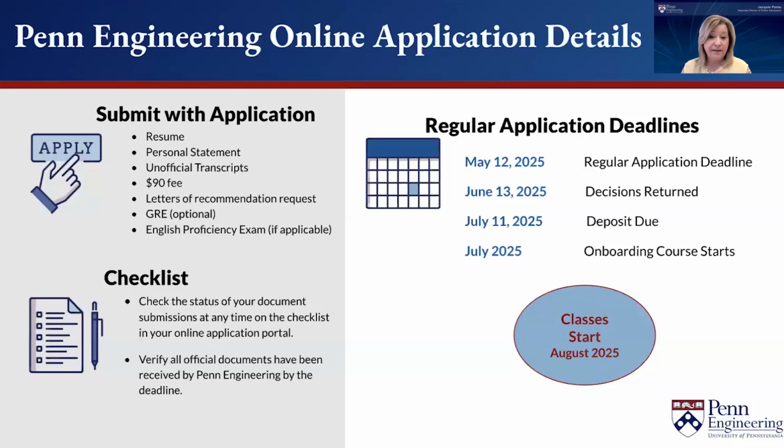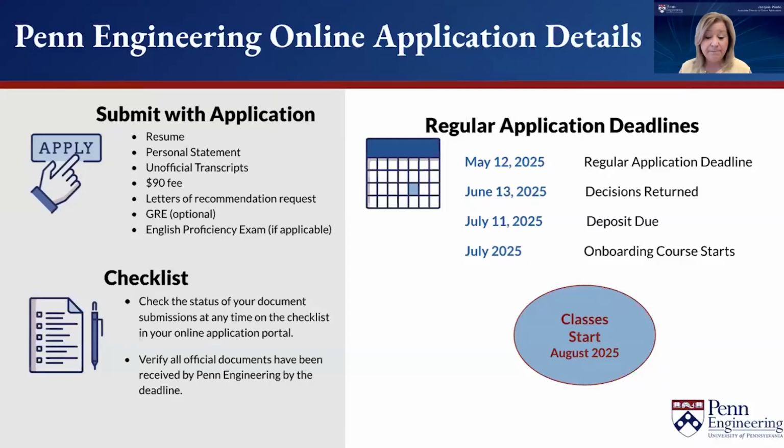So if Penn Engineering Online is your first choice, definitely get your deposits in early, or at least start the ball rolling to get those official transcripts into us, because sometimes that does take time. So I can't urge that enough, to get that ball rolling on your official transcripts, either now or once you hopefully know that you've been admitted to the program, being positive.